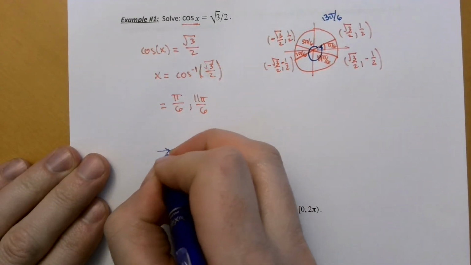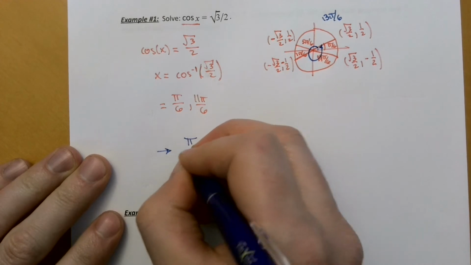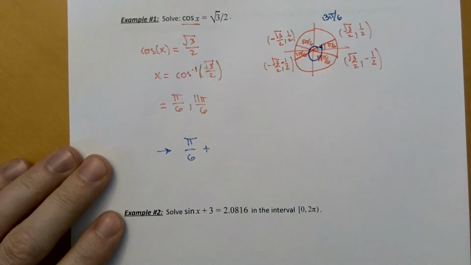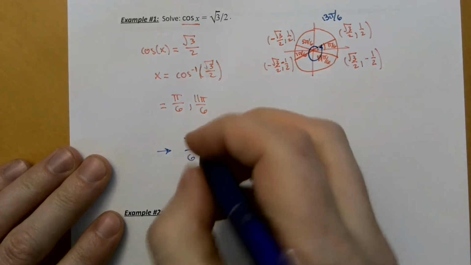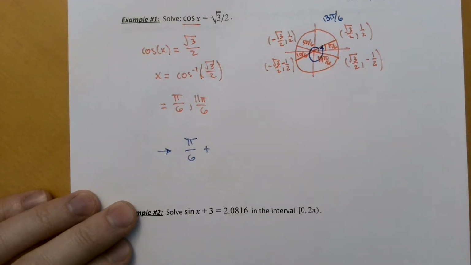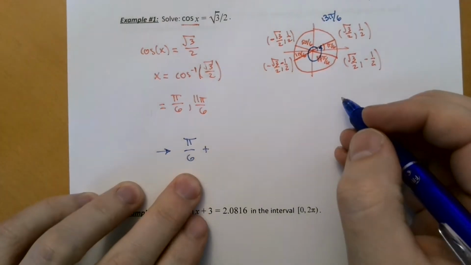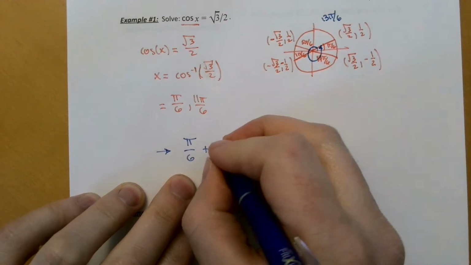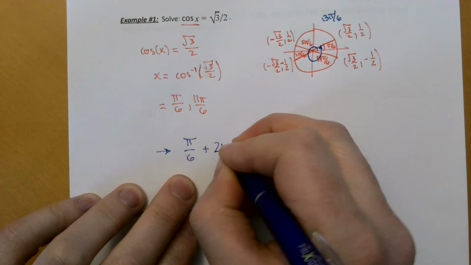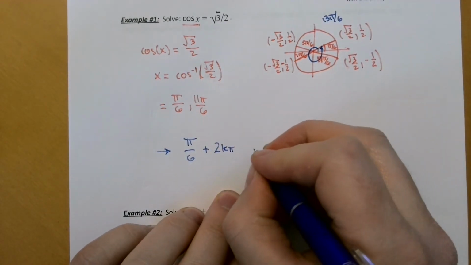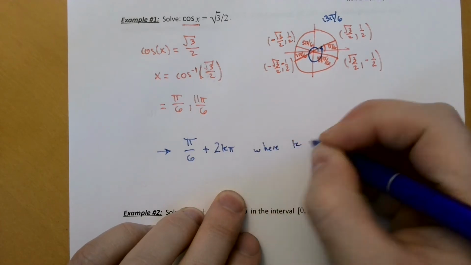So the way we would account for this is we'd say pi 6 plus, I believe your textbook uses a K, so we're going to do 2k pi, where k is an integer.